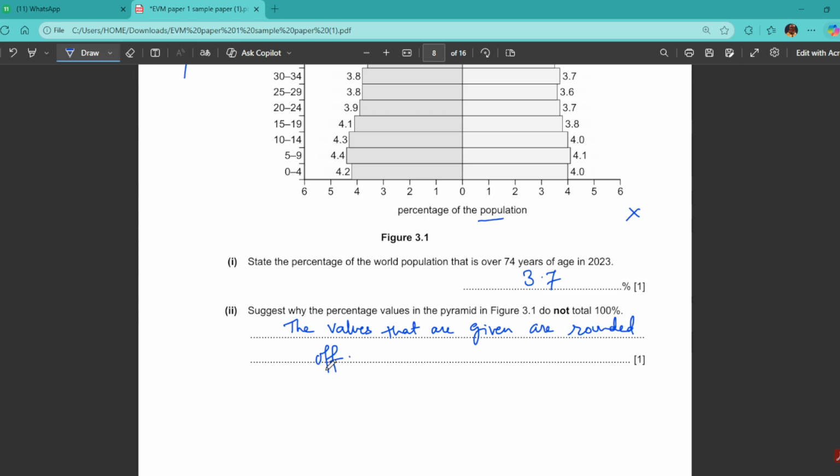Okay, so basically the rounded off in the senses they are close to the 100% it is. So that's why we are getting here the percentage doesn't reach to the 100%. Round of values are being given. Okay, now let's move to the next question that we have.